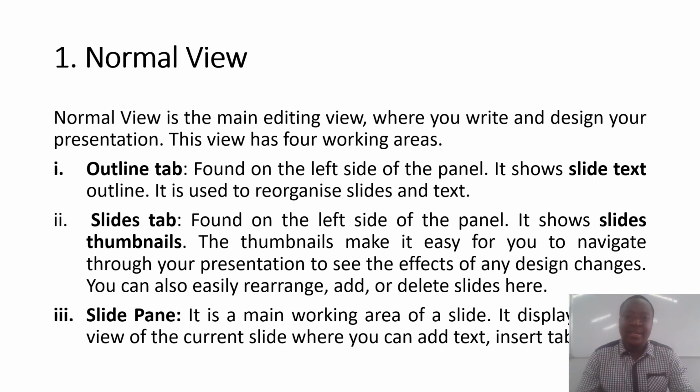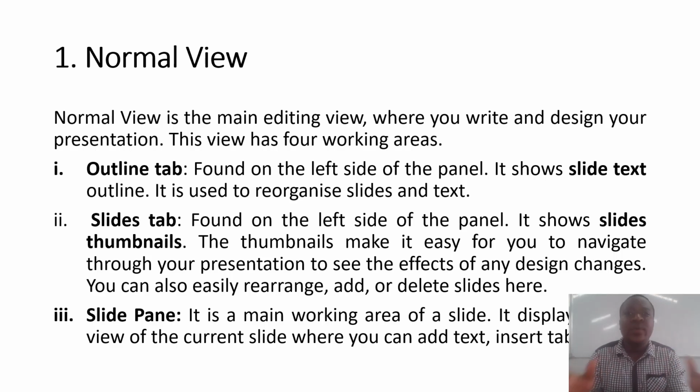on slide tab. Now let's go to slide pane. Slide pane is the main working area of a slide. It displays the view of the current slide, where you can add text, insert tab, and even insert images.